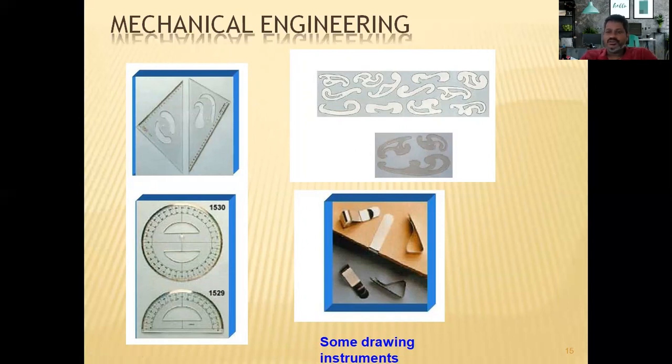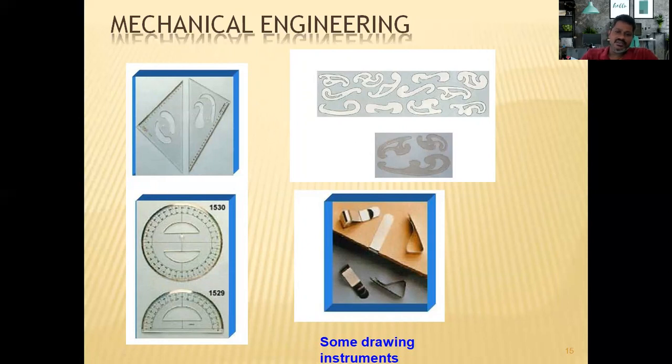Instead of joining the points manually by hand, these French curves are used to join the points where we require a smooth curve. This is the importance of the French curves.